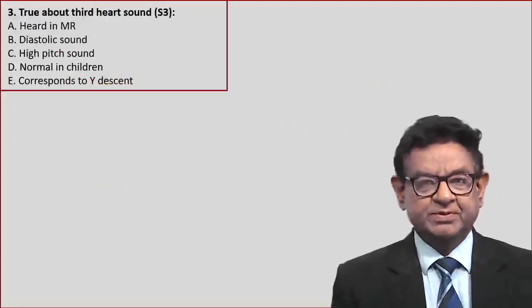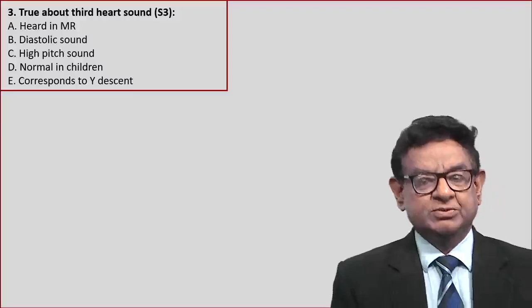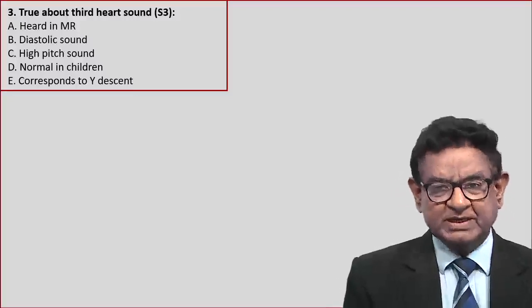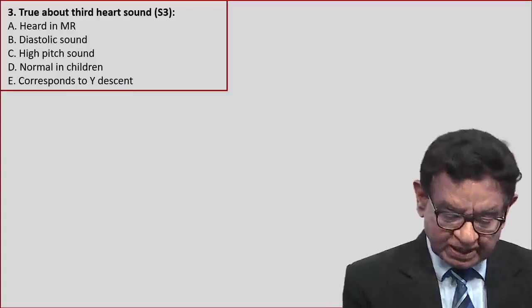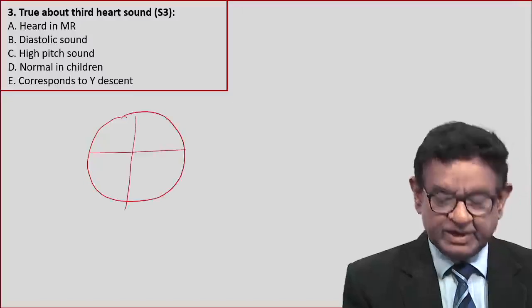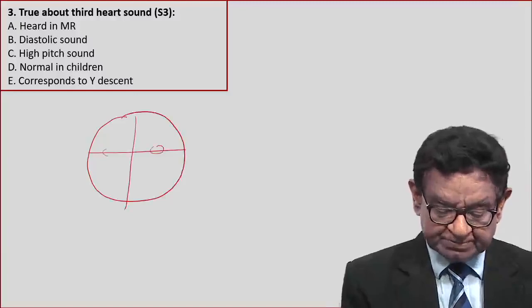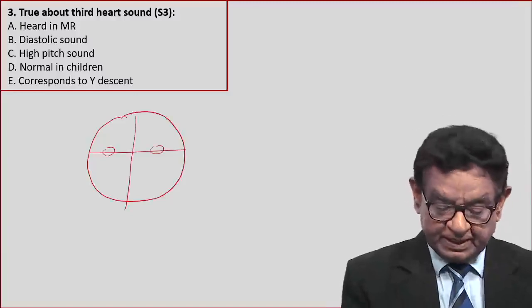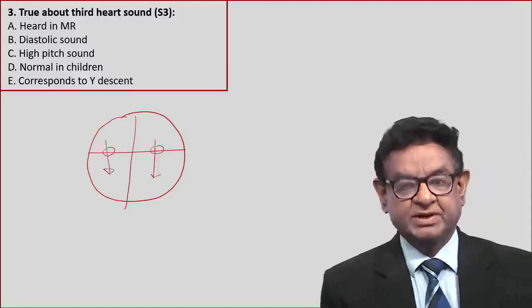Question number 3, about the third sound. Before I discuss the third sound, let's learn the basic concept about the normal cardiac cycle. So this is the heart. When diastole starts, the mitral valve and tricuspid valve open, and blood rapidly enters into the ventricle.